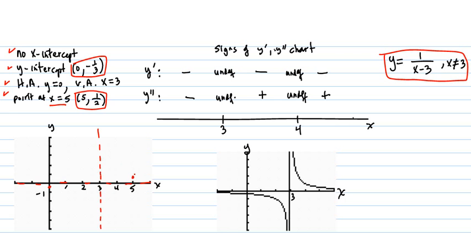And then we look on the sign chart for y prime and y double prime, the positive negative sign chart. So we're looking at this. Y prime is negative, so it's decreasing. The function is decreasing before 3, and we have this solid point here at 0, negative 1/3. So it's decreasing, going down.